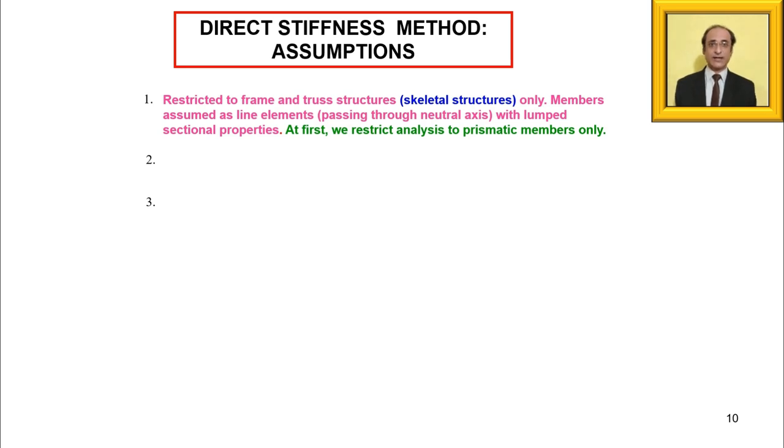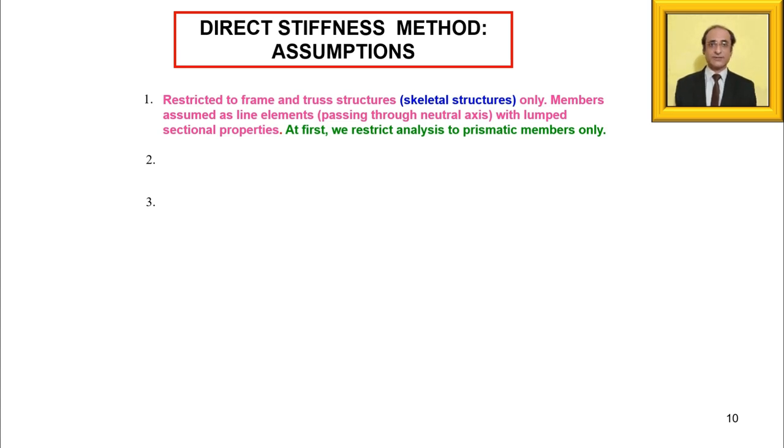Next, at the beginning we are assuming all prismatic members, though later on we will include the treatment of non-prismatic members also. Right now we assume all members are prismatic till we derive the basic formulations, and then we will extend them to all different complicated scenarios.